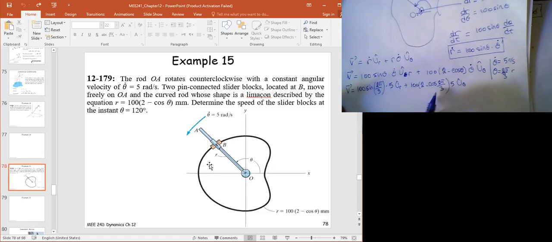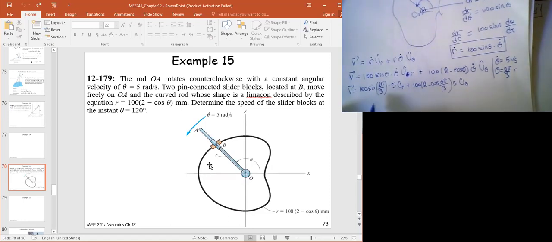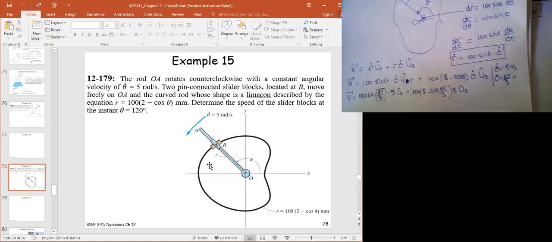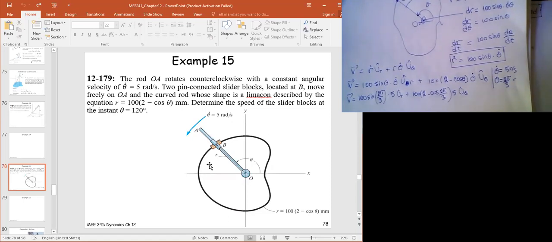So you calculate this, you calculate that, and then ultimately you will be able to find the magnitude of the velocity. Does anyone want to do this, or should I do it here on my end? So sine of 2 times pi over 3, multiply that by 100. How much do you get? You get 86.6.